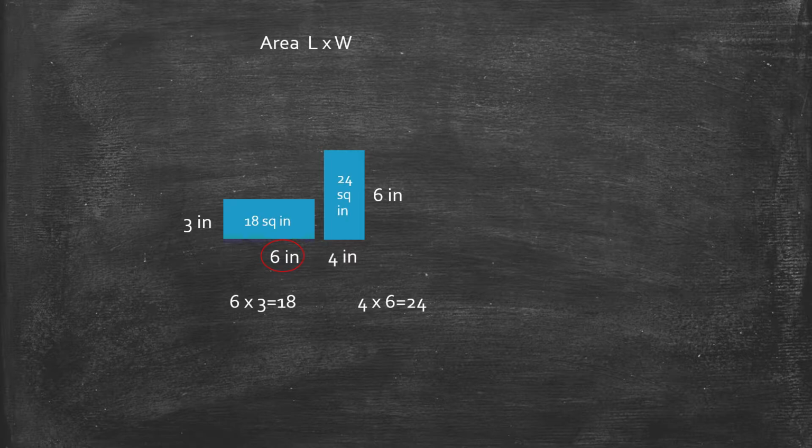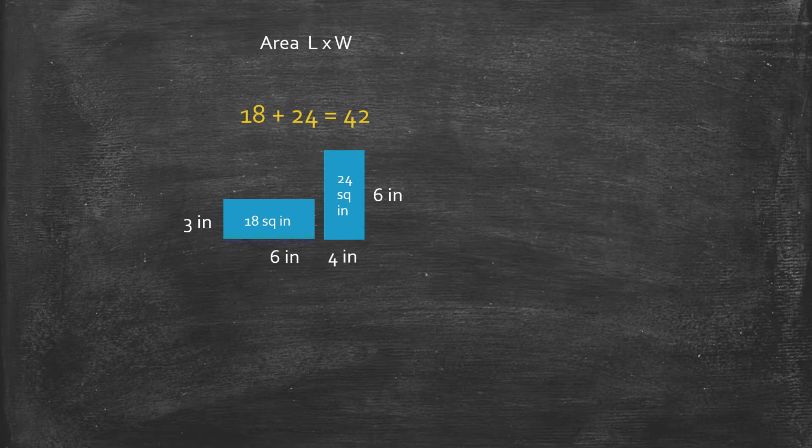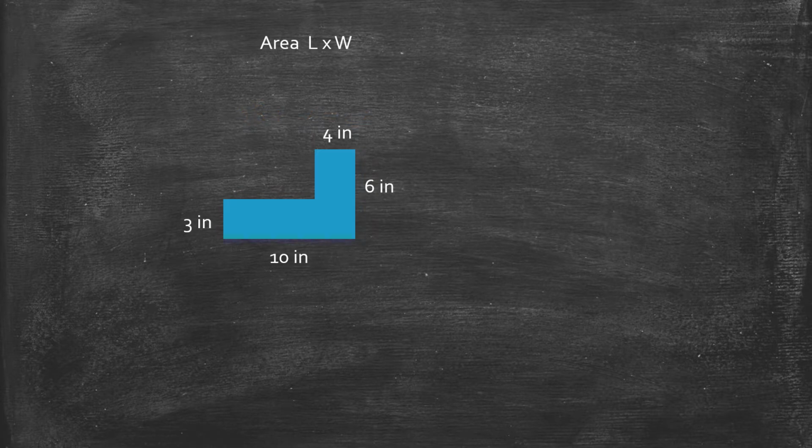So what we're going to do is add the 18 and the 24 together, which is going to give us 42. Now we're not done because it's got to be 42 square inches. Don't forget to use your units of measurement. Okay, there it is, your 42 square inches.